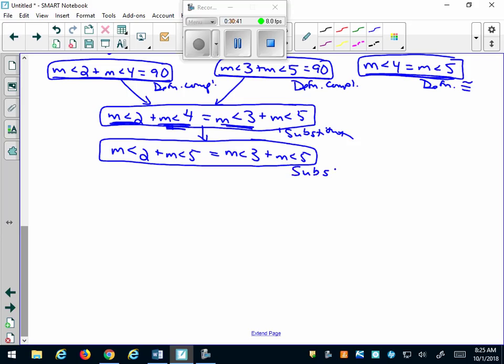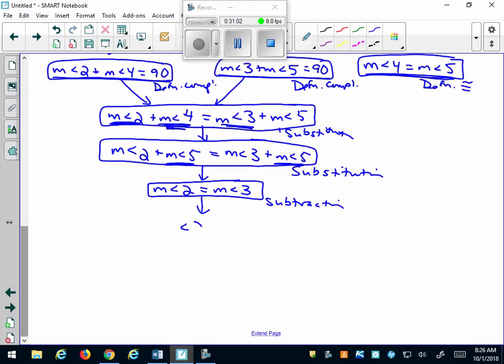So that was just a substitution of 4 with 5. Now it's a little bit easier to accept the fact that we're subtracting the same thing from both sides. Measure of angle 2 equals the measure of angle 3 by subtraction.